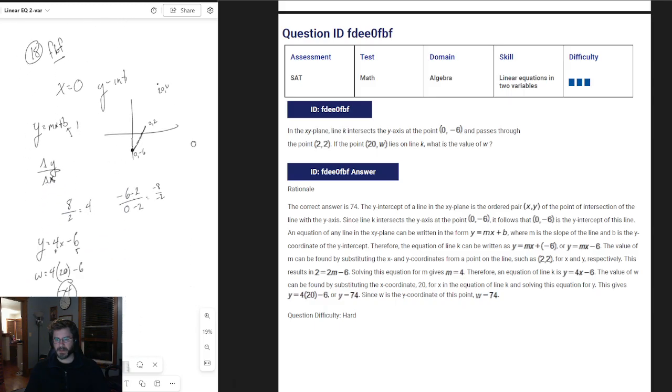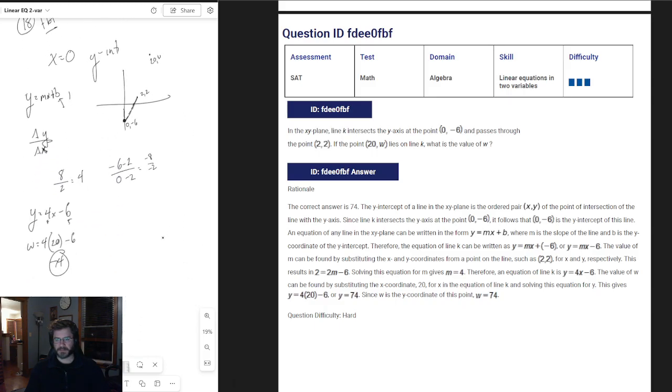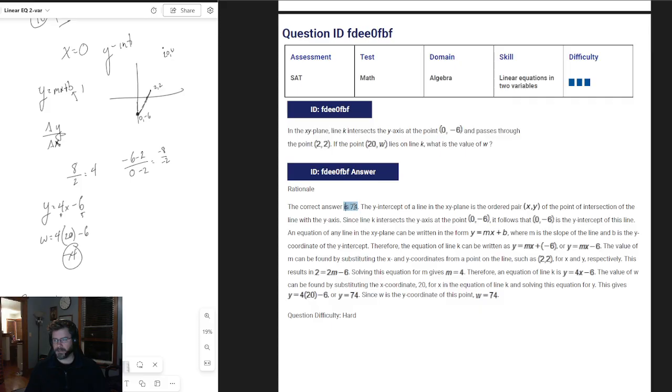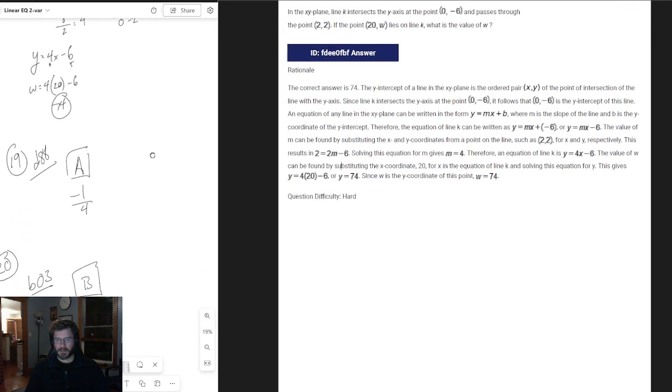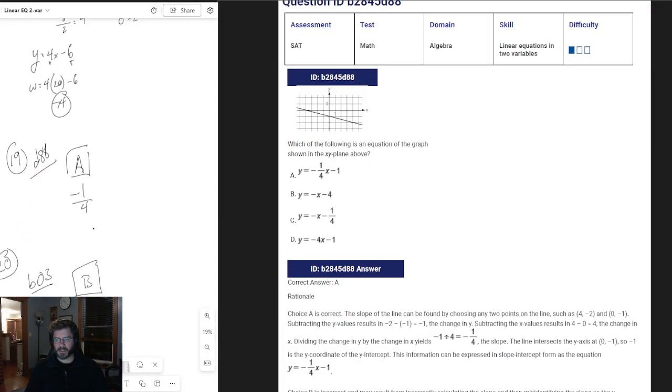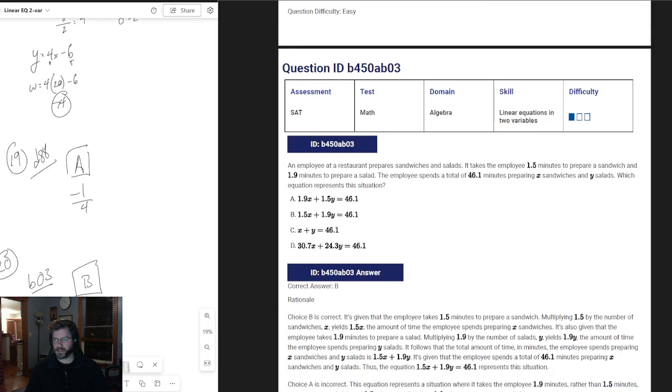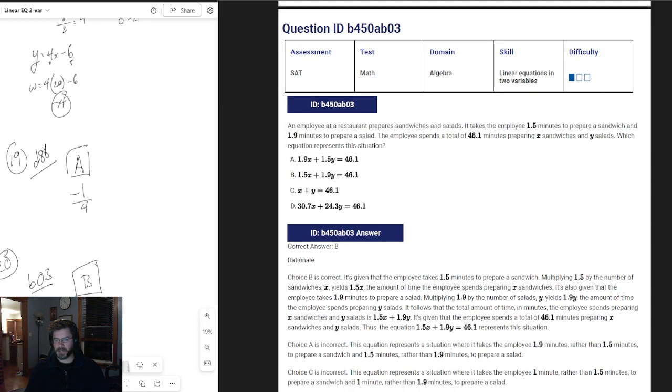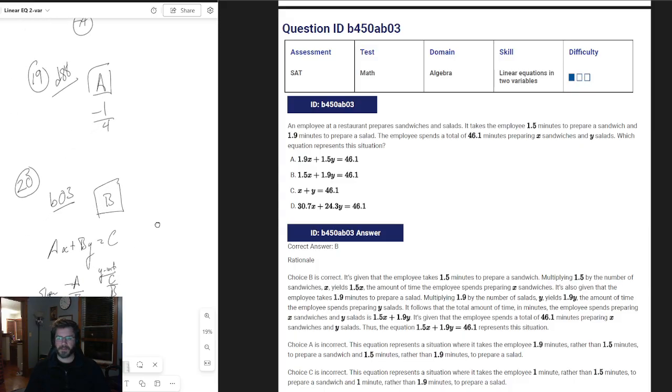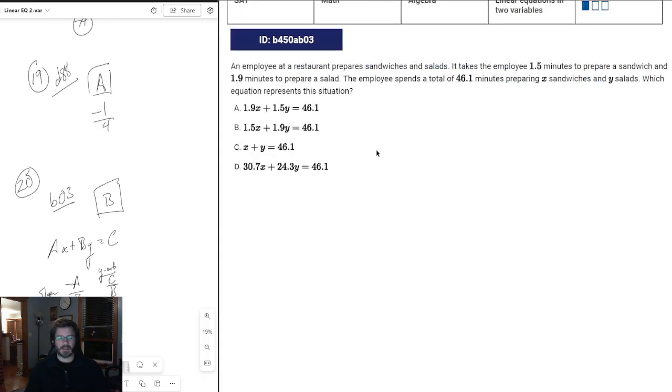Answer for that one was 74, yep. D88 should be answer A, and B03 is answer B. Yeah, so knowing our linear functions and the vocabulary that come along with them is the key to success on something like this.